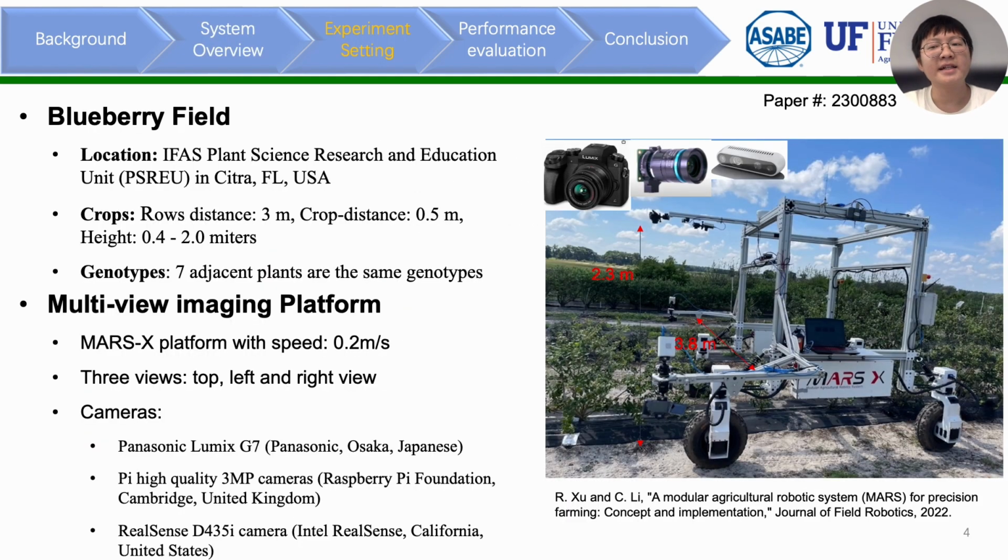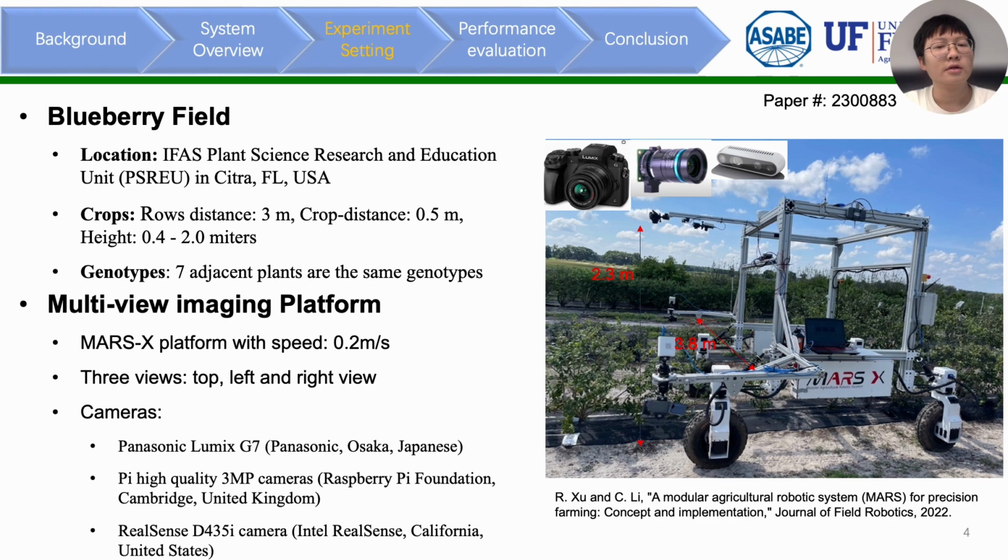We collected the data and tested our algorithms in UF/IFAS's Plant Science Research and Education Unit. The field is planted for blueberry breeding. There are different genotypes planted here, and for each genotype, only 7 adjacent plants are planted. The figure shows the platform we used to collect the data.